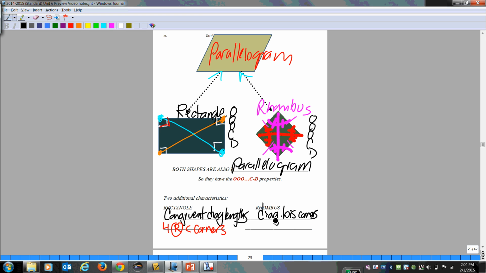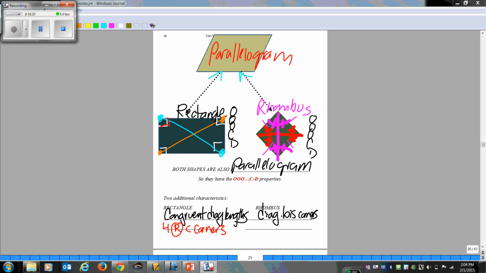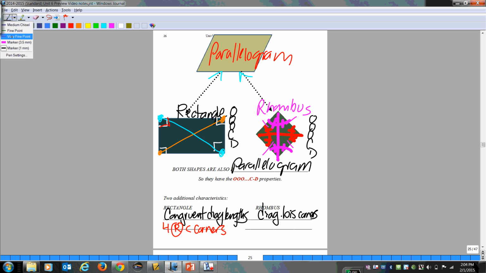Not only do the diagonals bisect the corners, but it creates a right angle on the inside. The diagonals bisect the corner angles, and most importantly, the diagonals are perpendicular to each other, which creates lovely right triangles. Behold, you got another right triangle to hunt you. Watch out for those. You're going to be doing stuff with them.